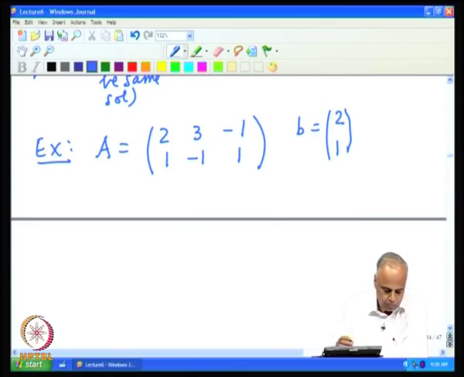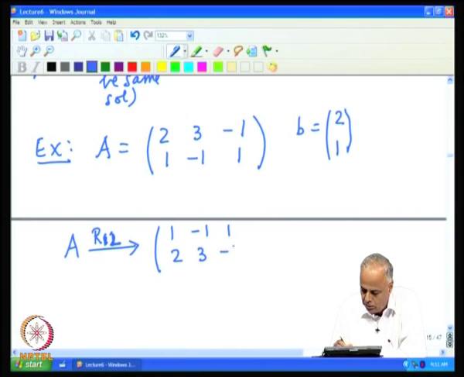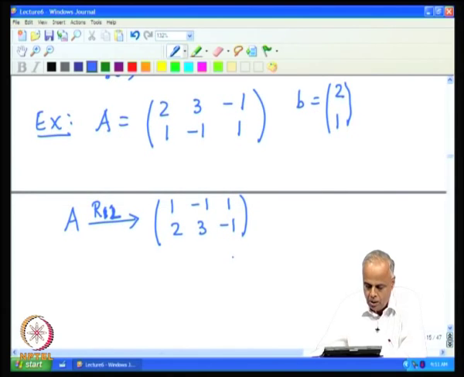Now, if you look at this matrix and do the following row operation, there are only 2 rows. So, let us interchange the first and the second row: [1, minus 1, 1; 2, 3, minus 1]. Let us call this A1.